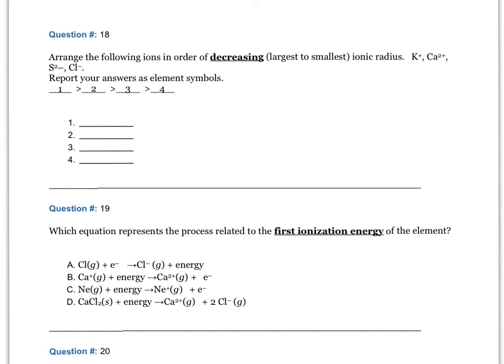The largest, so position 1, sulfur, followed by chlorine, followed by potassium, and then the smallest being calcium. Each of these corresponds to the ionic version.